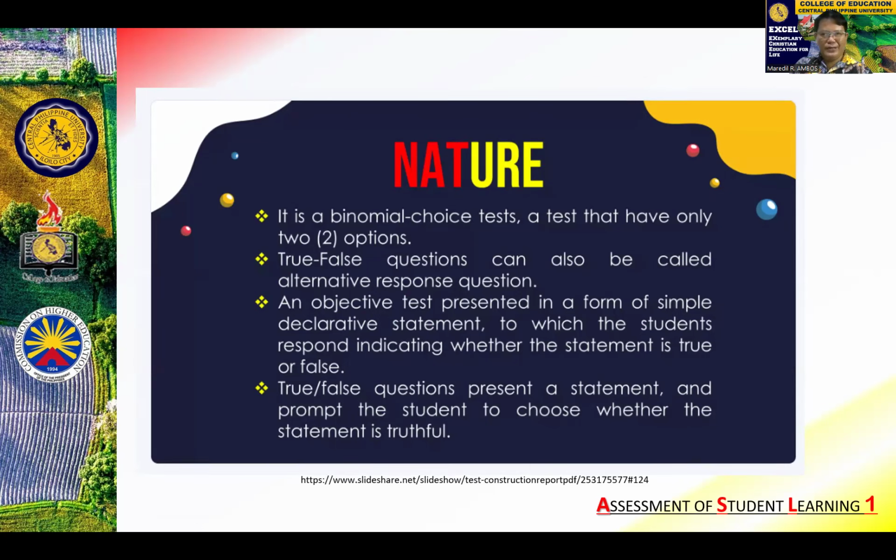Why alternative? Because if it is not true, it is false. So it is an objective test presented in the form of a simple declarative statement to which the students respond, indicating whether the statement is true or false. True false questions present a statement and prompt the student to choose whether the statement is truthful.